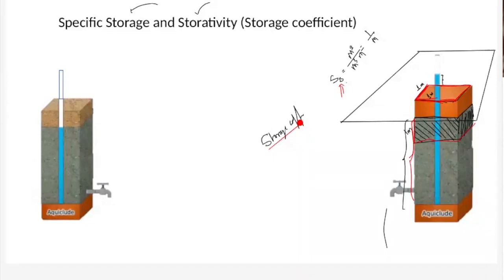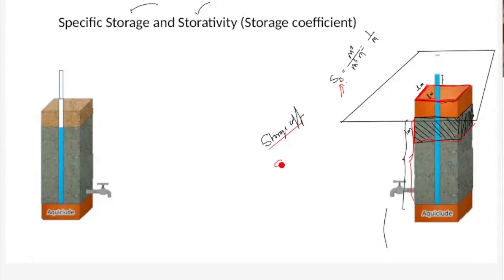We are not talking about the whole aquifer in the region. No, we are only talking about an aquifer that has unit area. उसके नीचे if you take a unit volume, whatever water is released from that is specific storage, and if you take the whole depth below that unit area, is your storage coefficient. Is this making sense now?